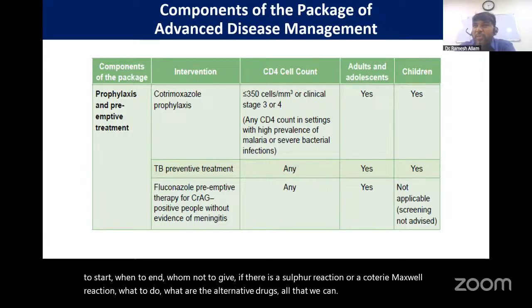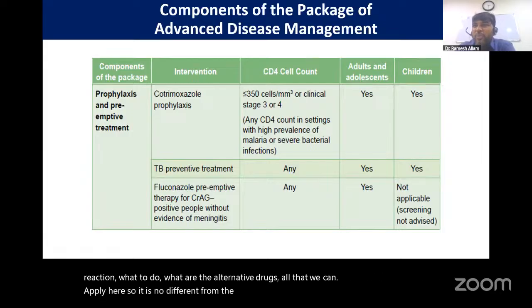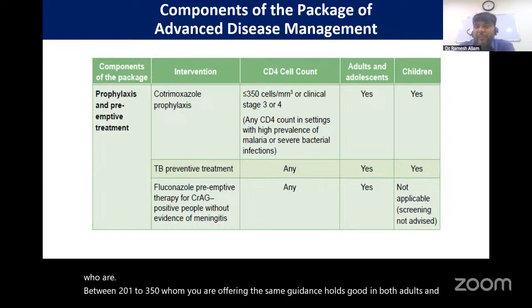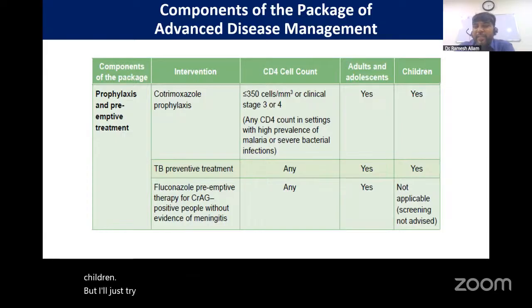So it is no different from the routine cotrimoxazole that we are offering to patients who are between 201 and 350. The same guidance holds good in both adults and children. But I'll try to touch upon them at the end.